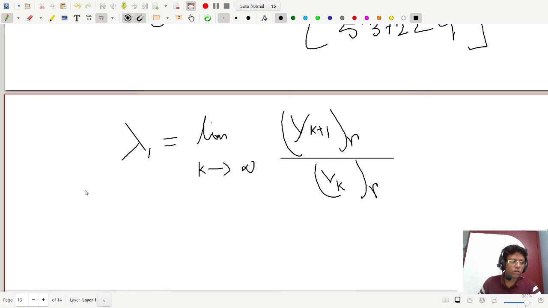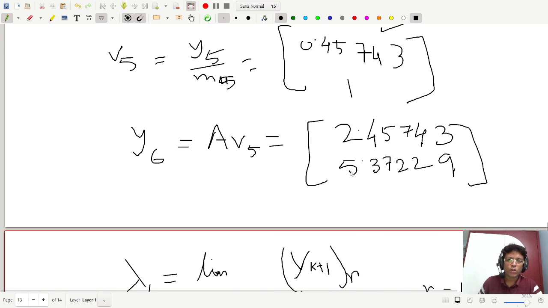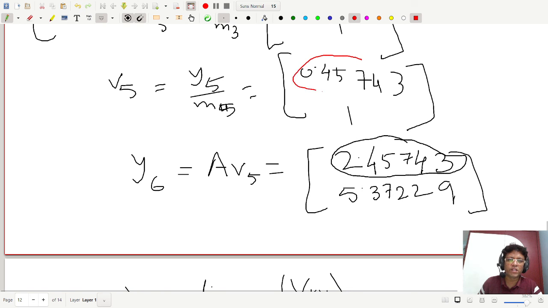Now what is your r equal to? 1, 2, because you have two components only. So you have two ratios. So what is your y6? This divided by your v5 will be this, y6 by v5.